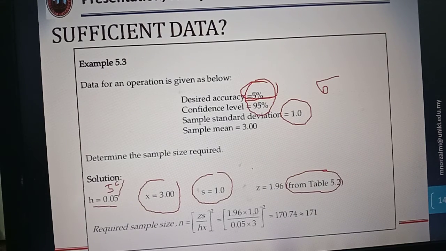Now insert into your formula, (Z times S divided by H times X) squared. You will get the result of 170.7, or rounded up, 171. You need to collect 171 data points. Your data should be 171.